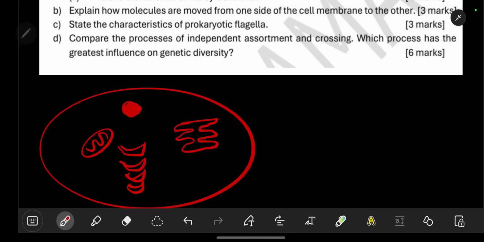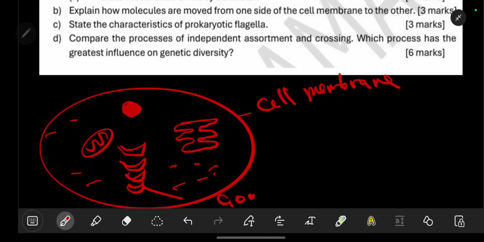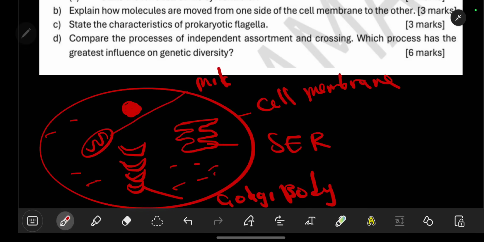The other things that we might have are some cytoplasm and all that. So we can just label some things. We have the cell membrane here. We have the Golgi body. We have the smooth endoplasmic reticulum. We can just draw that. We have the mitochondria like that.